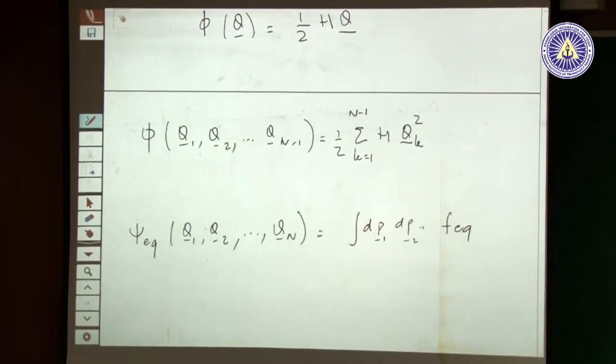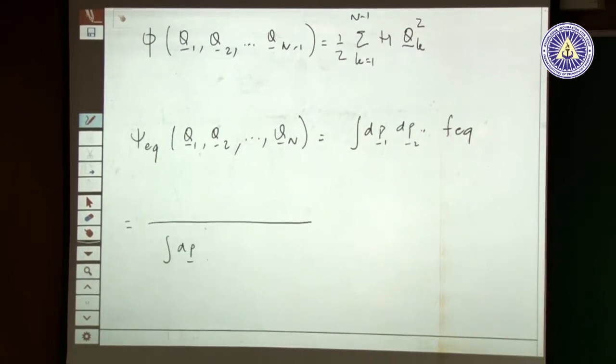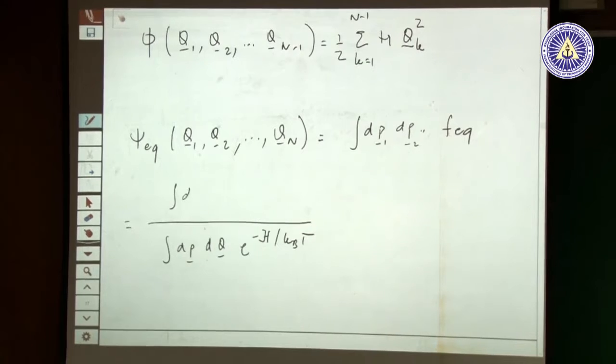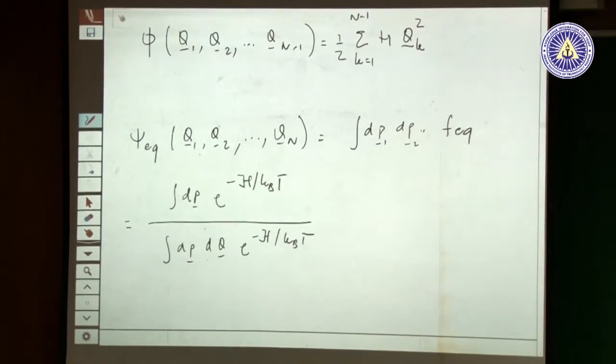Let us do this with the expression that I had, okay, which would be, so this was the denominator of f equilibrium, right, and now the numerator I am saying just do this part, right, just integrate out the momentum from the numerator, that should give me the equilibrium distribution function.